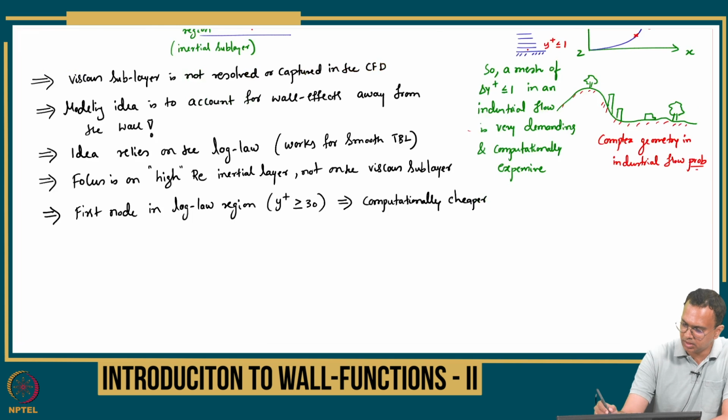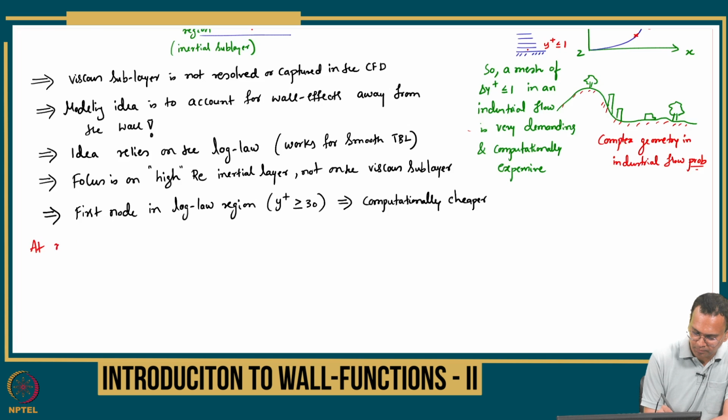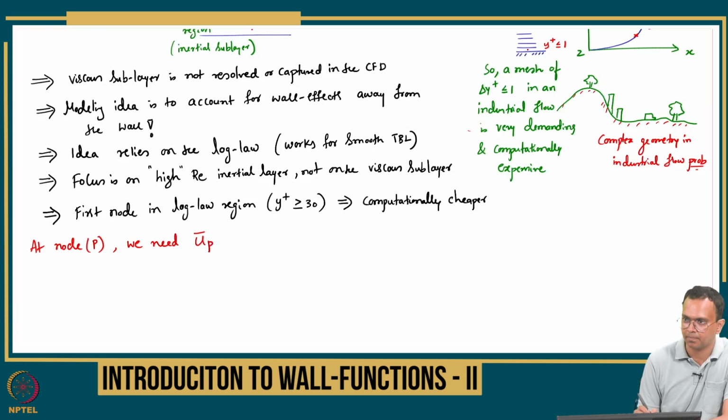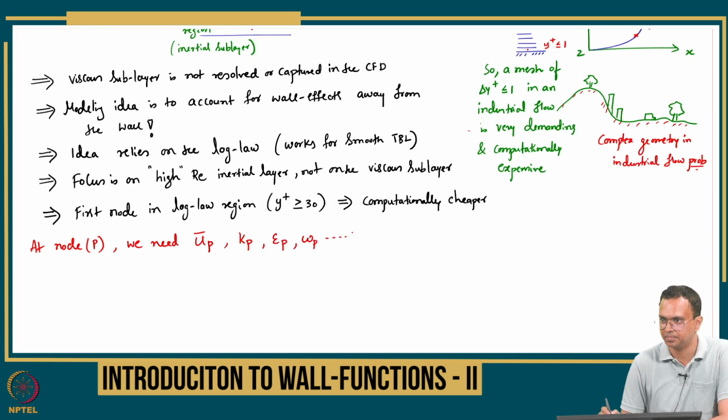So what do we need here is that at node P, we need U bar P, you need Kp, you need epsilon P, you need omega P, and so on, whichever model you are using, depending on that.